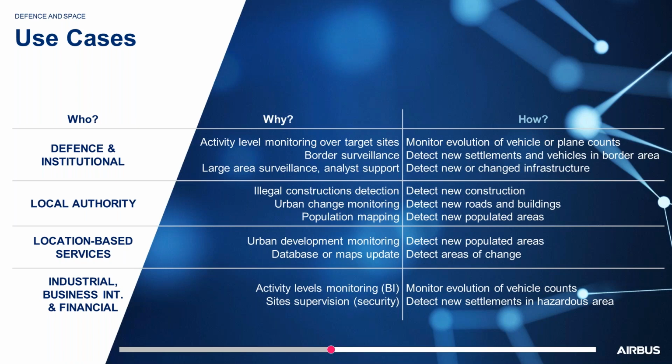And how can Earth Monitor help you with this? Earth Monitor is able to monitor evolution of vehicle or plane counts, or to detect new settlements and vehicles in border areas, or to detect new or changed infrastructure.